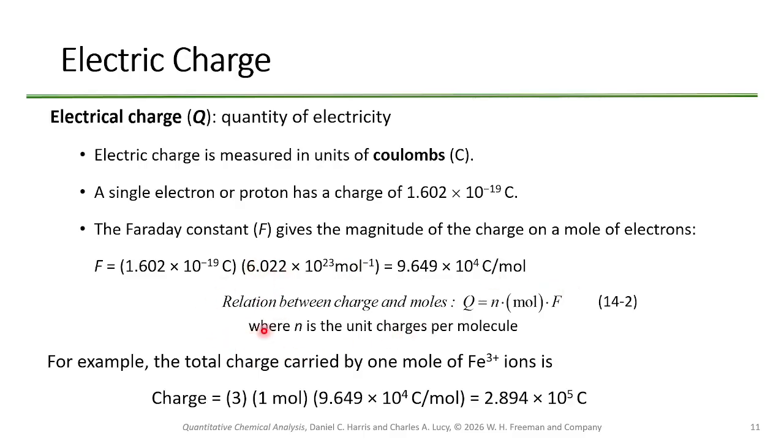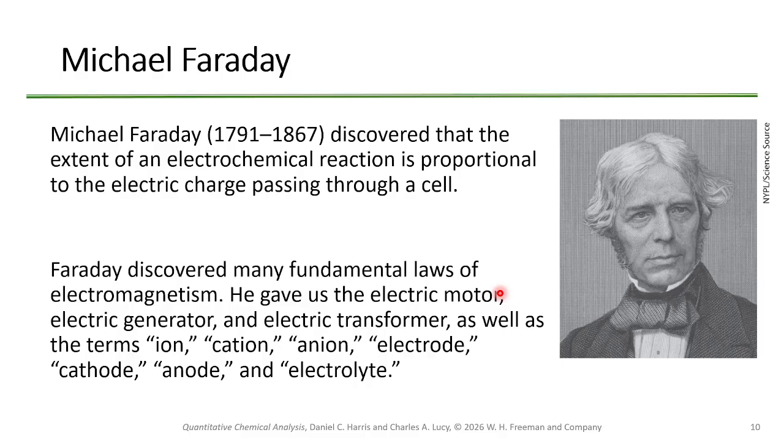Notice we have an N here. This is the last thing in the formula, and it is the charge per ion, because not every ion is a +1 or -1.